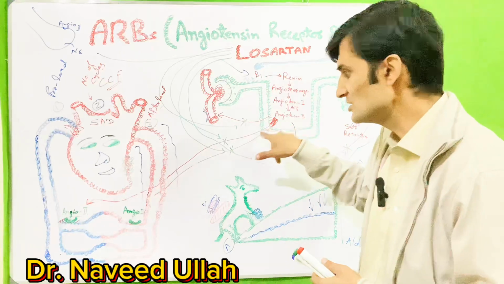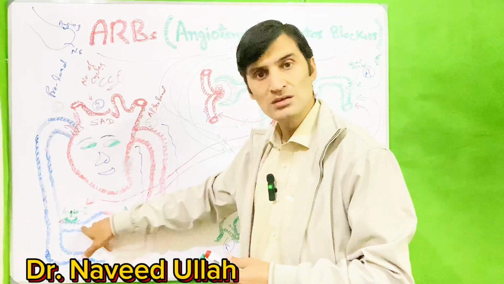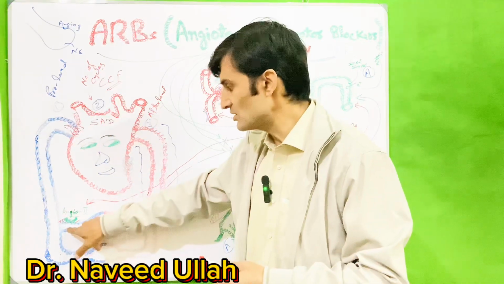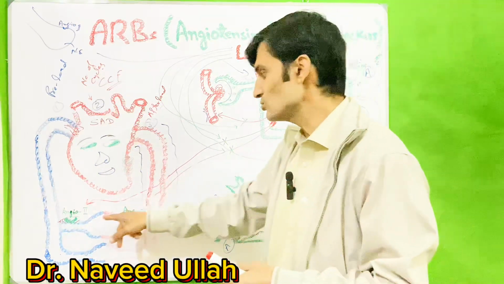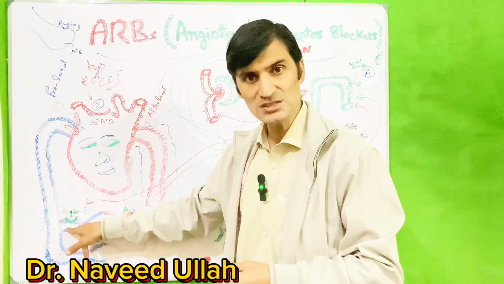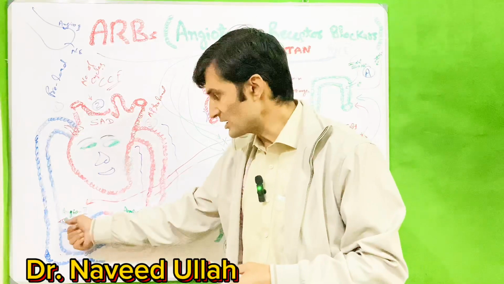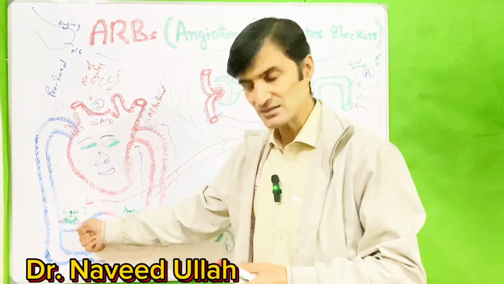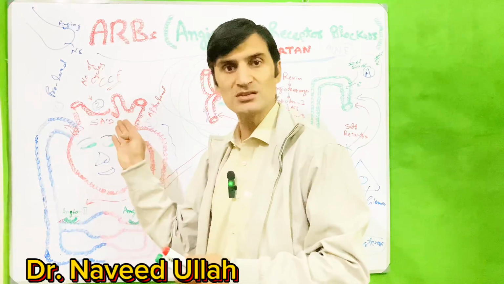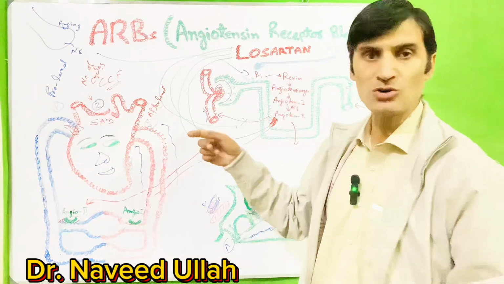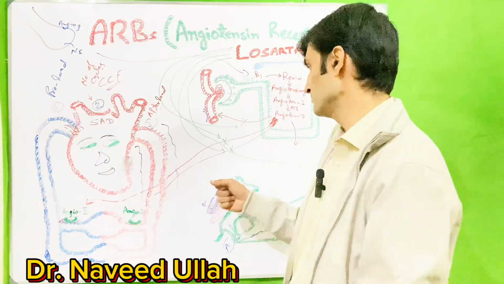Angiotensin 2 will act on the vein side. There are receptors of angiotensin 2 on the veins. When angiotensin 2 stimulates these receptors, there will be constriction in these veins. When there is constriction, more and more blood will be pushed towards the heart, so there will be more cardiac output and more contractility.